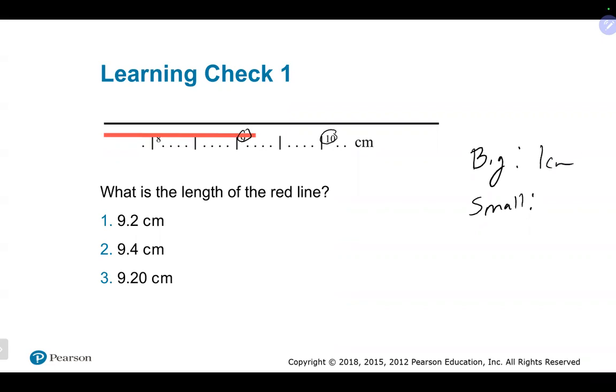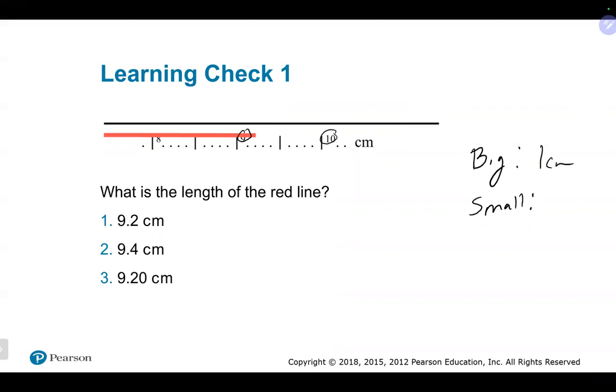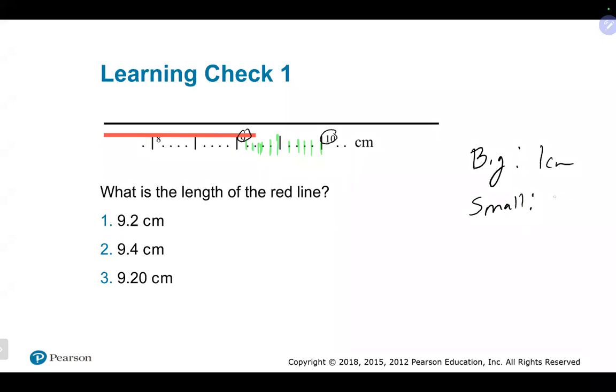Once again, if we count up the little markings we got going on there, that is 1 marking, 2 markings, 3 markings, 4 markings, 5 markings, 6, 7, 8, 9, and 10 markings. So we do have 10 markings between them, which, much like our other examples, means that each of the smallest markings is 0.1 centimeters. We typically could go one more place to the right, right?